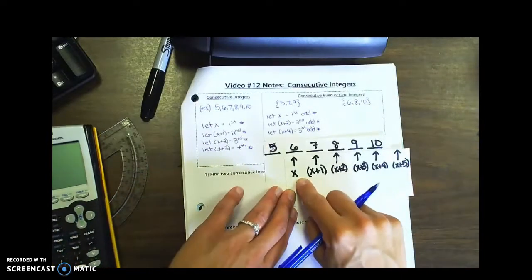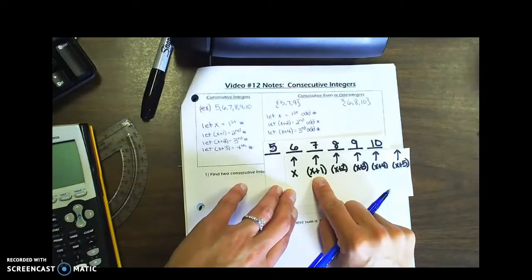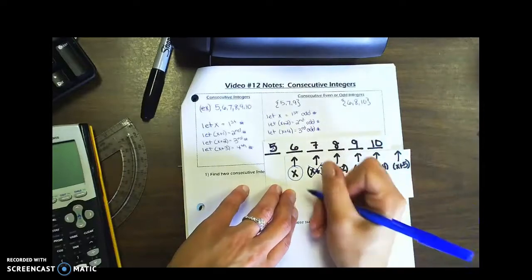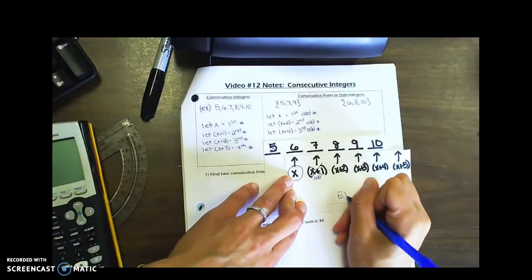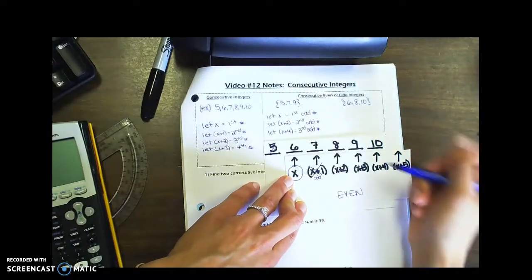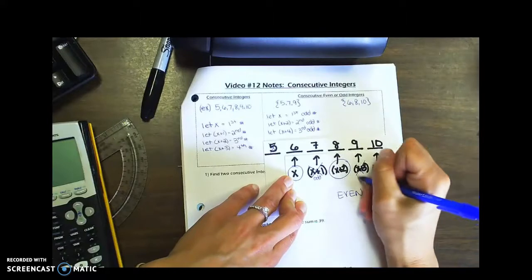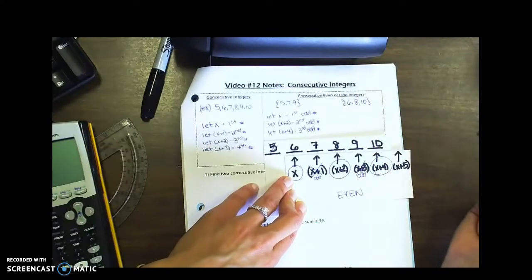So x is now going to be 6. All right, and that means x plus 1 is now an odd number, so I'm going to cross that off. So we have even, this would be odd, so we don't want that because we want the evens this time. X plus 2 is 8, which is even. 9 is odd, so we don't want odd, and then 10 would be even again.